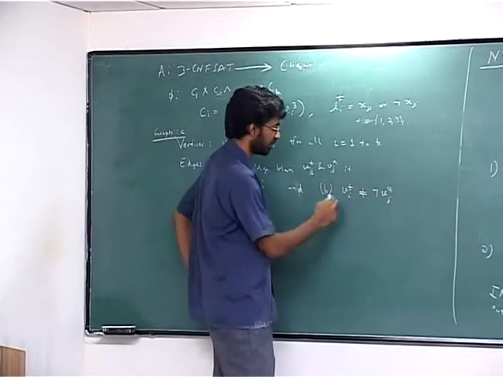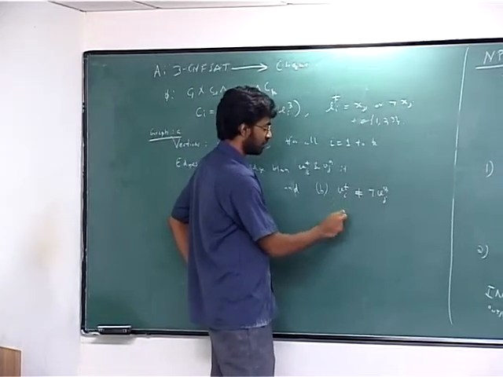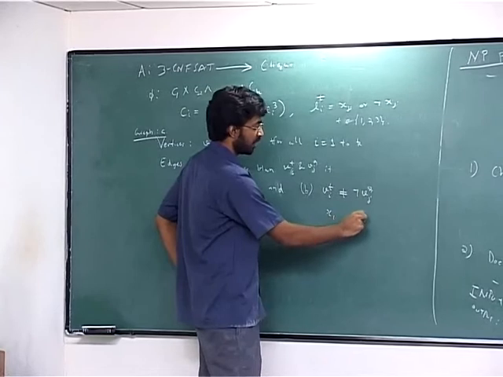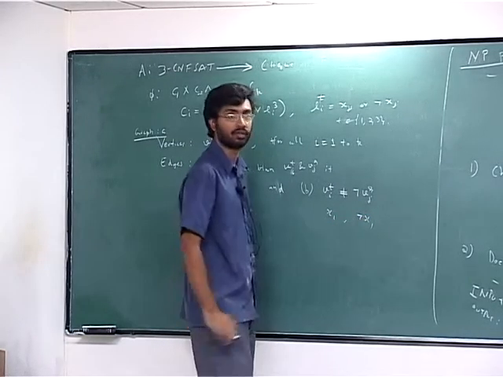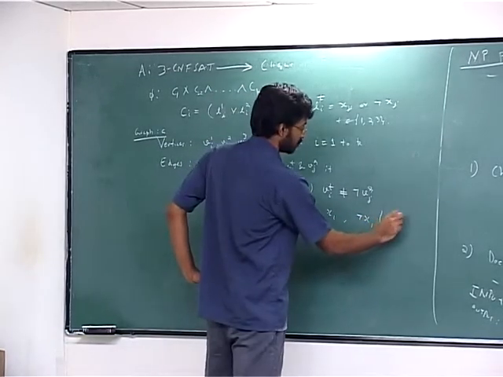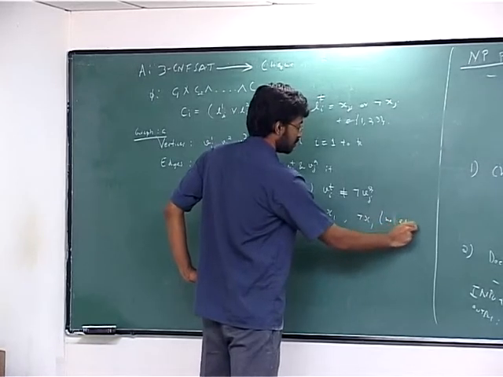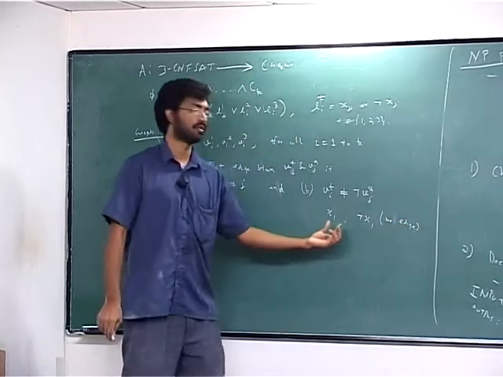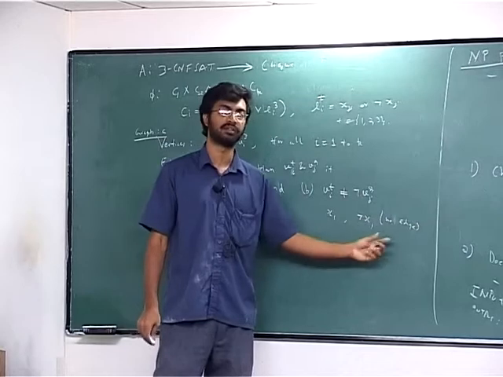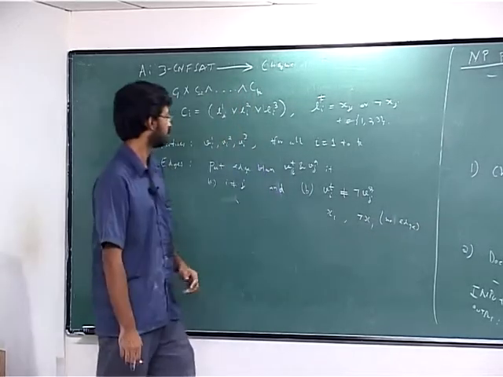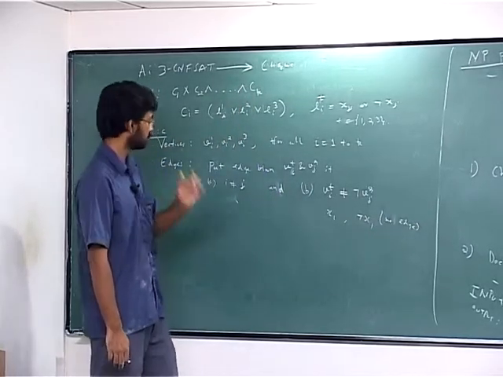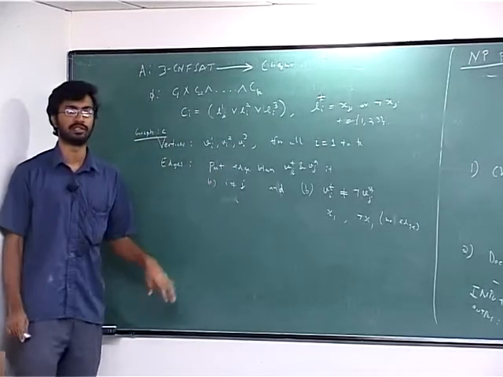So what I mean is, this should not be x1 and this should not be negation x1. It's not allowed. If this is x1 and this is negation x1, then we won't put an edge. In all other cases, we put an edge.